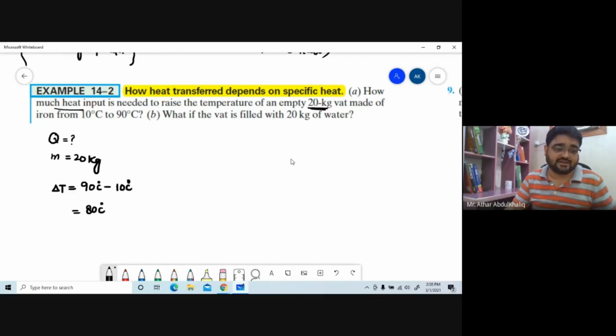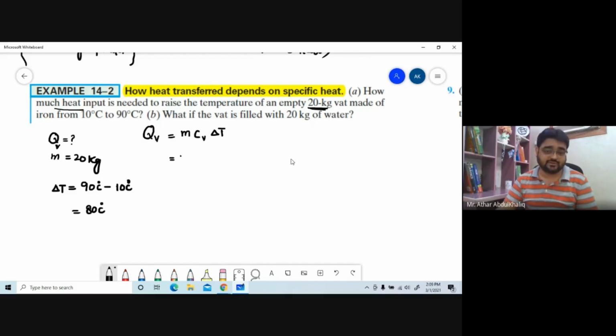So this is the vat. Vat means a container in which we can have the water. So the amount of heat required to increase the temperature of the vat from 10 to 90, it is 80 degrees Celsius. For that purpose, you know the formula: Q, the amount of heat required to raise the temperature for the vat, Q_V is equal to m c_V delta T. Here mass is given to you, 20.